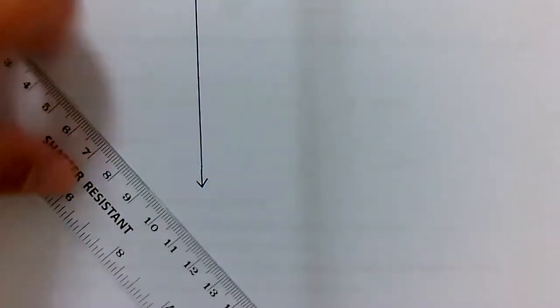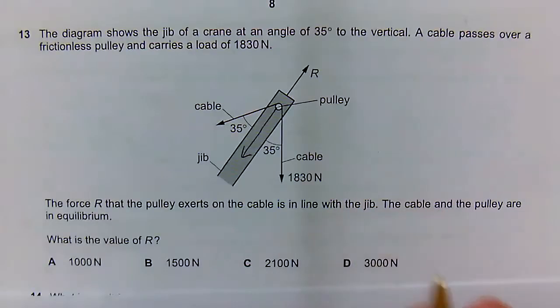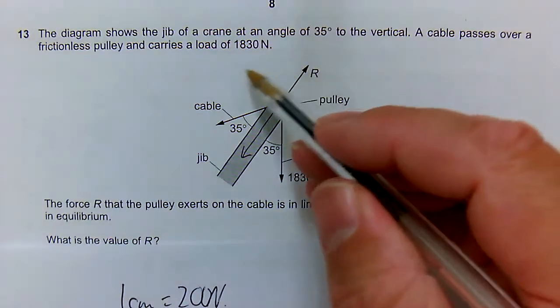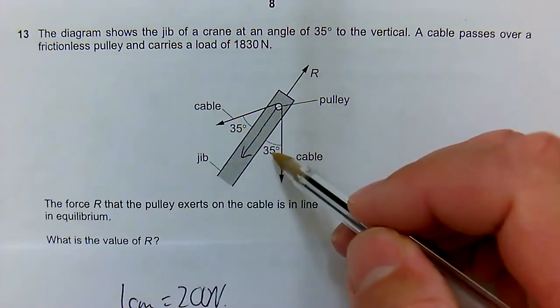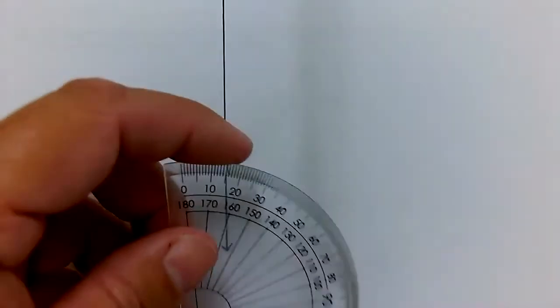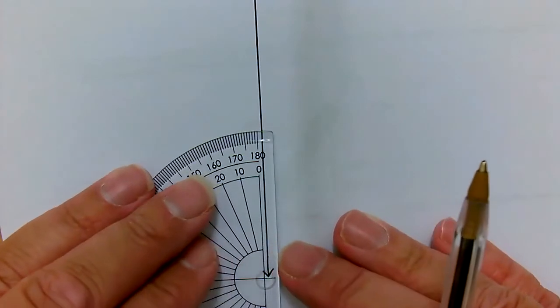The second force you need to draw, well, you've got to work out what that is from the vertical. Well, if we think about it, if that's 180 degrees, that would be 70 degrees, so that would be 110 degrees from vertical. So I take my protractor and I work out what that is. So it's end-to-end arrows, remember.